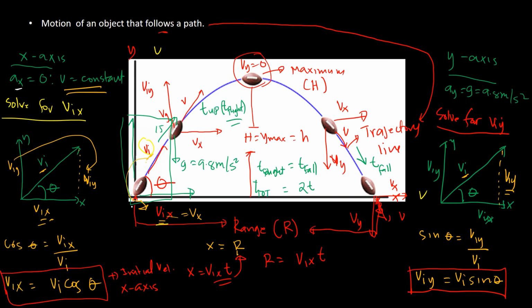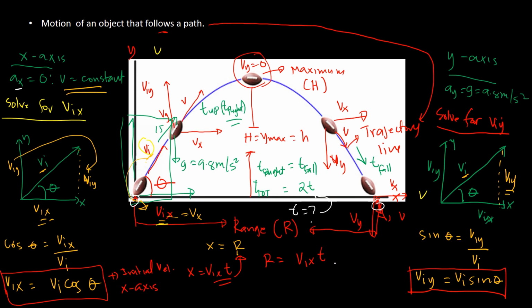So if we have to consider total time, we are going to consider the initial position and the final position of this object. So from the initial position to final position, what would be the time here? Now obviously the time here is the total time of the entire trip, or interval of the entire trip.